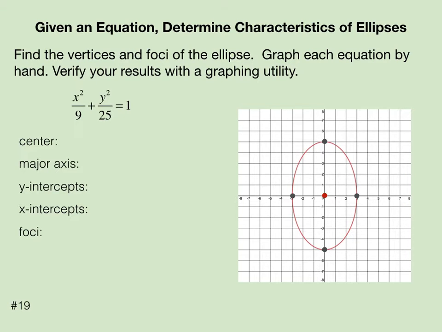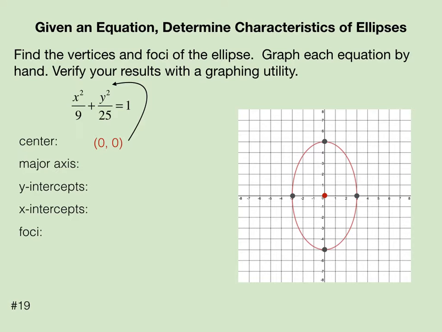So the center I can identify from the graph is 0, 0. I can identify the center from my equation because I had x squared and y squared, and there was nothing that I was subtracting away from either x or y other than 0.